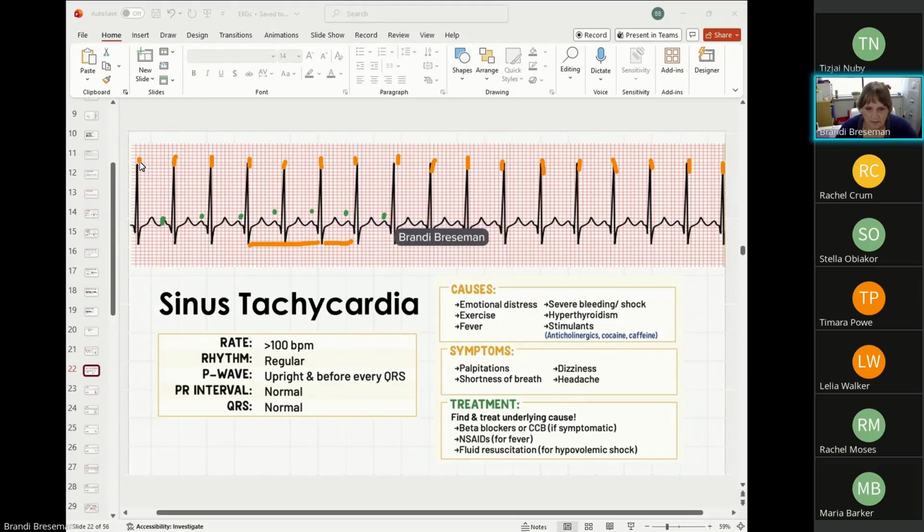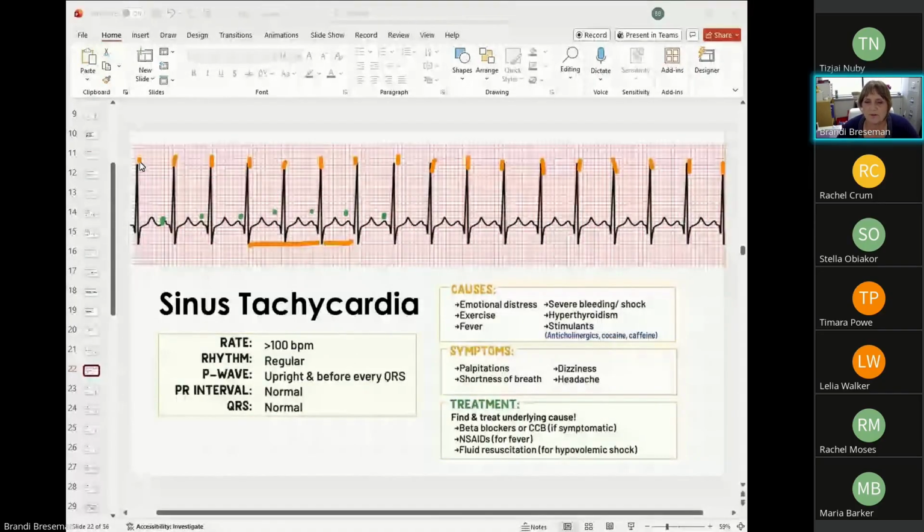Good? Okay. And they're all upright. So they're upright and we have one in front of every QRS. Our PR interval, if we measured that, by looking at it, I can tell you it would be normal. But if you just roughly look at it, it's like 2 boxes. So that's 0.08. So you're good.